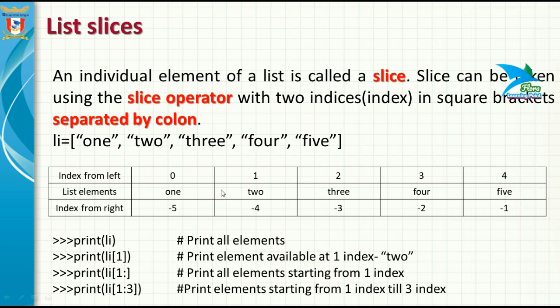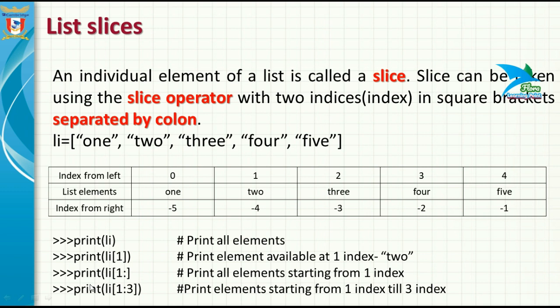All these elements are stored in this order, and if you want to fetch these elements using the index from left, then the index of the first element will be 0, then 1, 2, 3 and 4. And if you want to read using the index from the right side, then the index of the last item will be -1, then second last -2, third last -3 and so on.